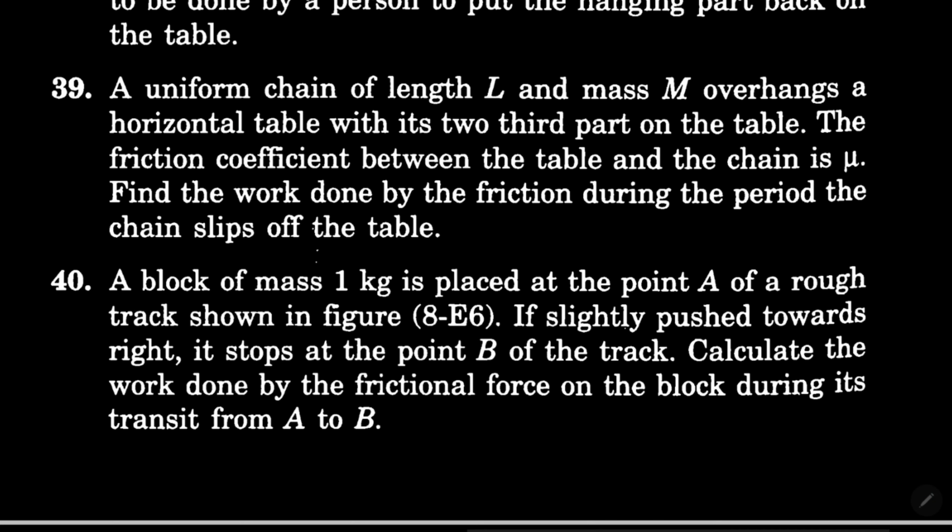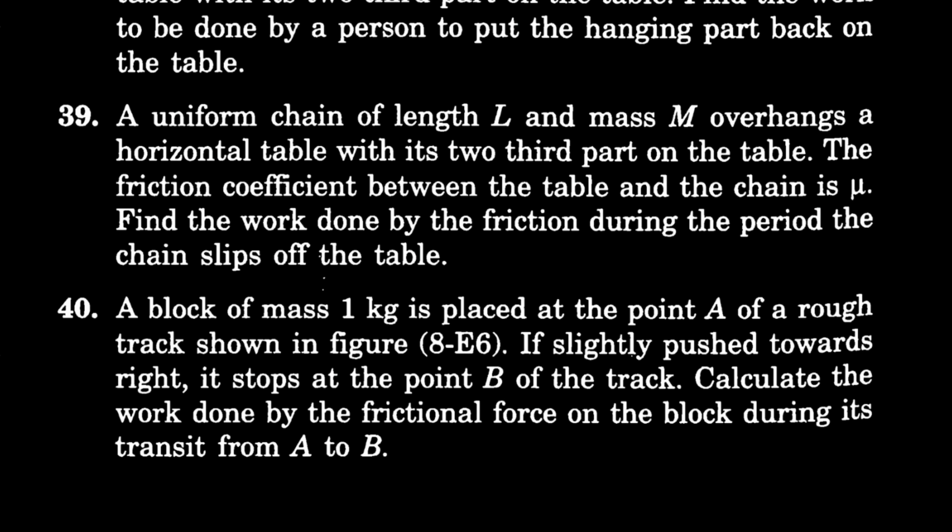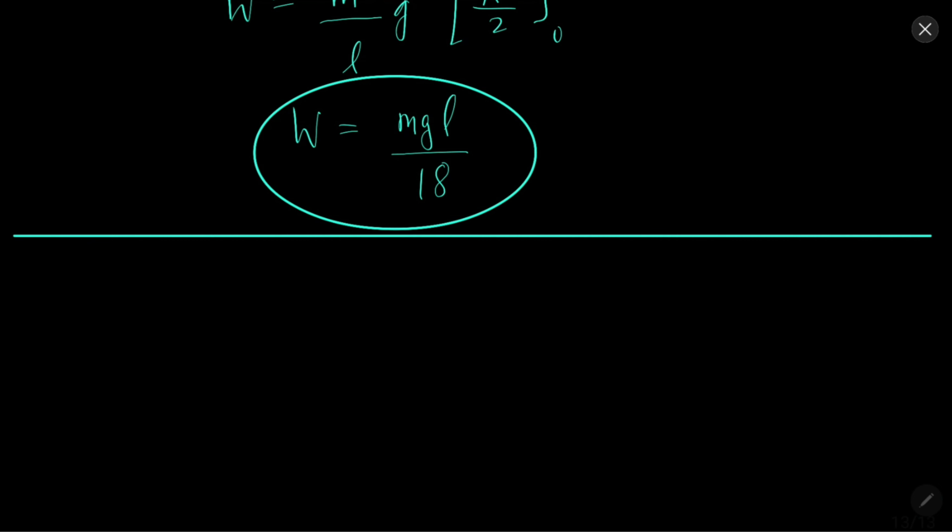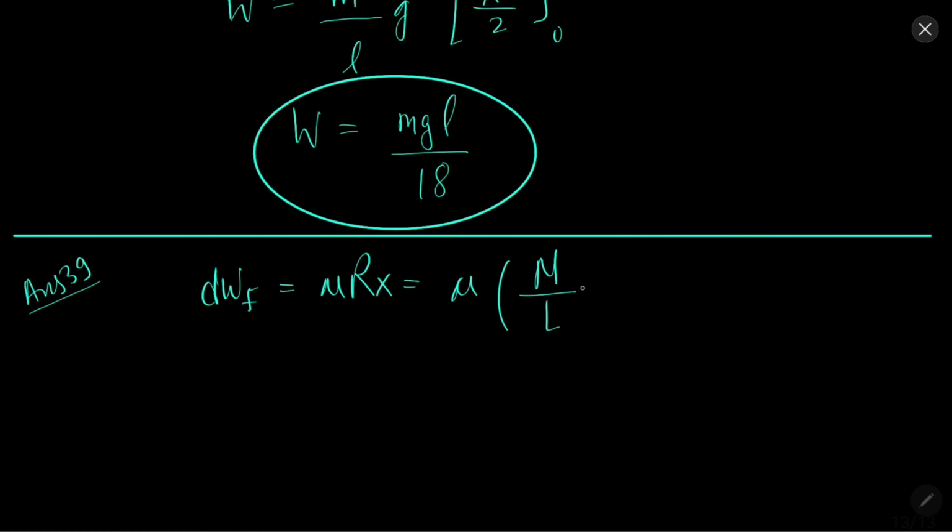In 39, a uniform chain of some length and mass overhangs with 2/3 part on the table. The frictional coefficient between them is mu. We need to find the work done by friction during the period the chain slips off the table. So this is 39. The scenario is similar to the previous one. Work done by friction, mu R x, mu mg, so mass per unit length into dx into g into x. This is the mass of small length dx.